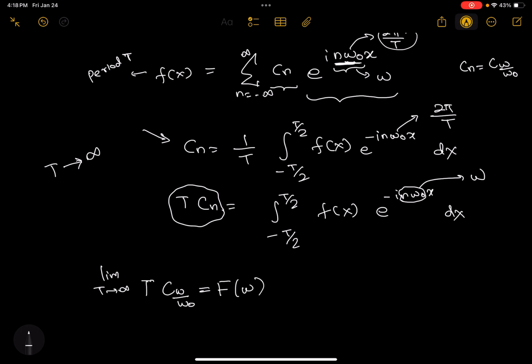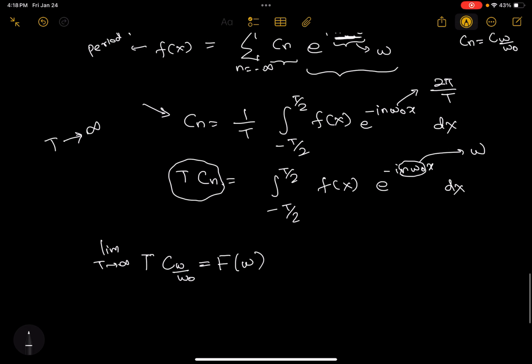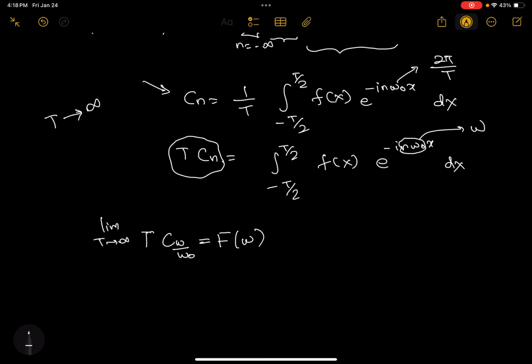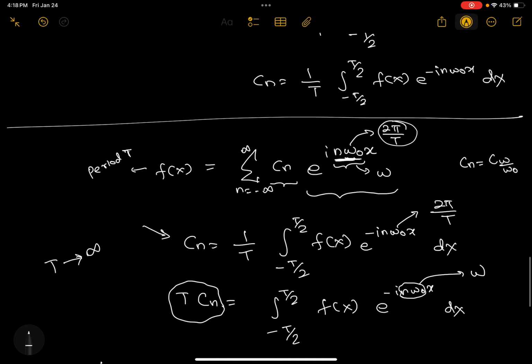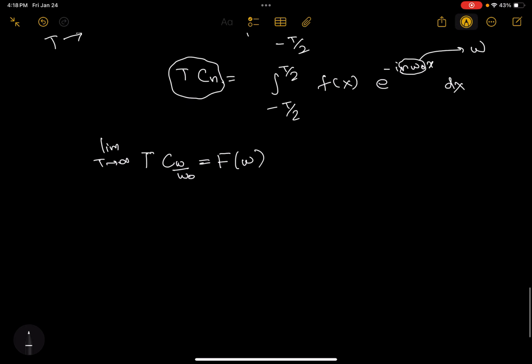Note that I'm writing it in a different way, a different f. So when T goes to infinity, we have the left hand side as a function of omega, and the integral goes from minus infinity to infinity of f of x, with e to the power minus i omega x, where omega is just a continuous variable, we don't need any n now, dx.